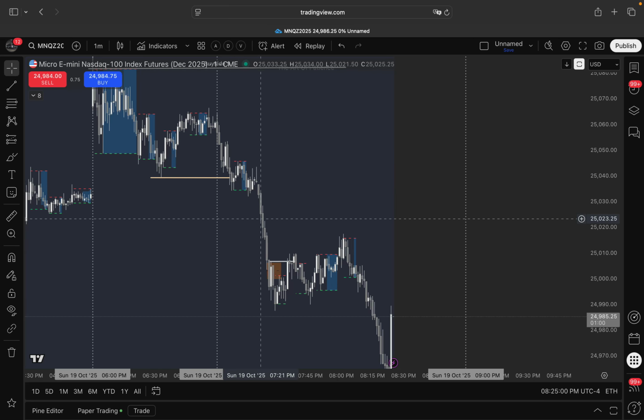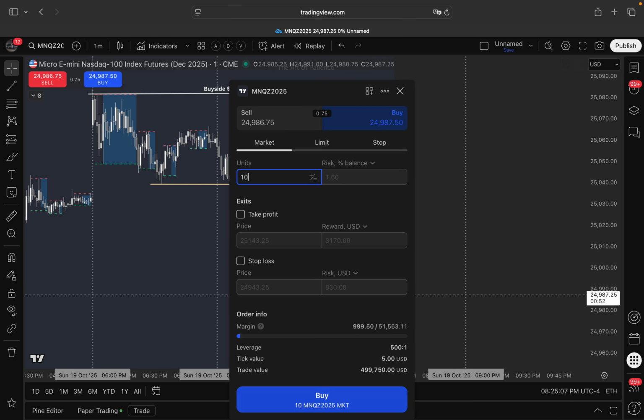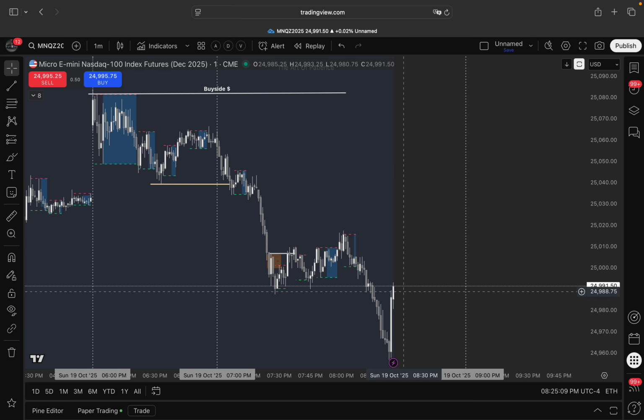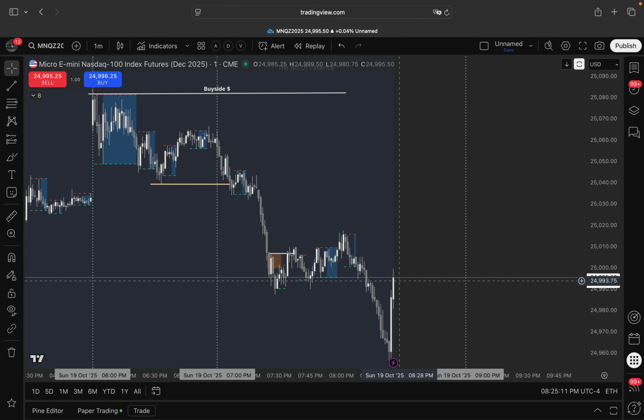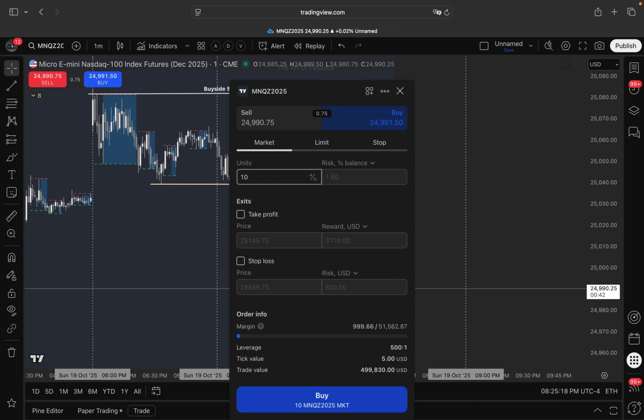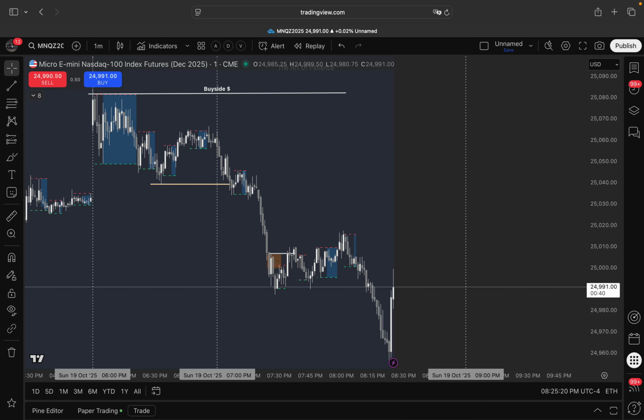Now we're anticipating a move higher. So in this case, I'm going to go in for the buy, select buy. You can see price is already moving in that direction, and our goal is for price to target the opposing liquidity. Let me enter buy.